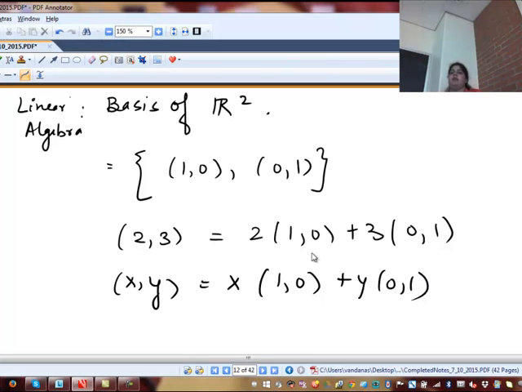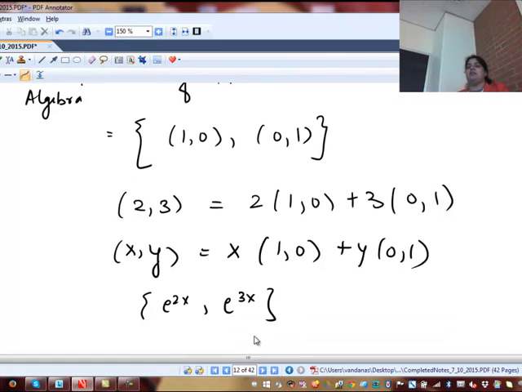Using e to the power 2x and e to the power 3x, you can give any solution of the differential equation if you multiply by constants. And if you want a unique solution with initial conditions, your C1, C2 will be uniquely determined.